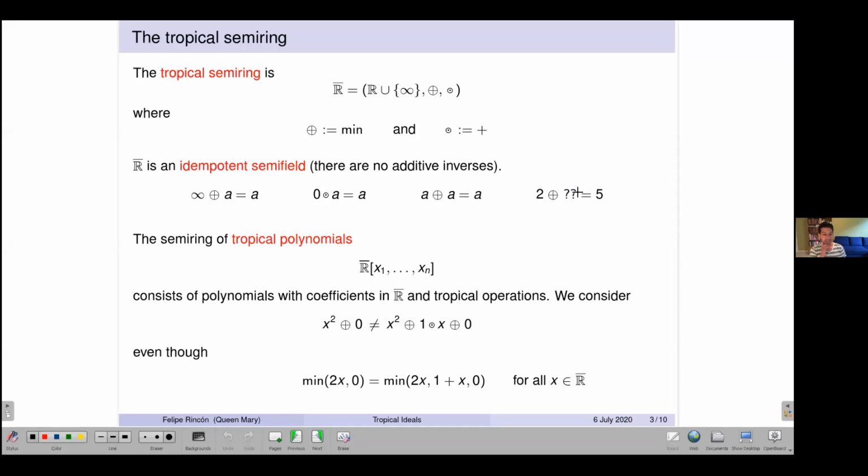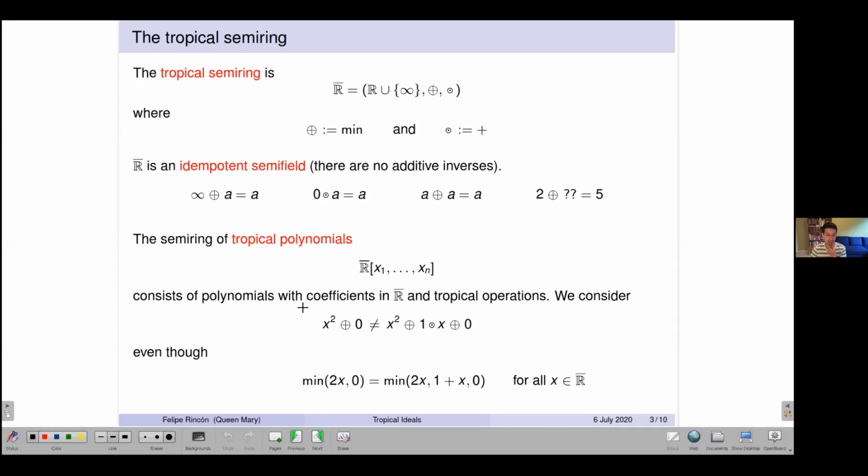And this week we're going to be thinking a lot about tropical polynomials. I'm going to be denoting the semiring of tropical polynomials by R bar adjoined with the variables x1 up to xn. These are tropical polynomials on the variables x1 up to xn. What's a tropical polynomial on those variables? It's a tropical addition of monomials, and the monomials are just tropical monomials where the multiplication is tropical multiplication.